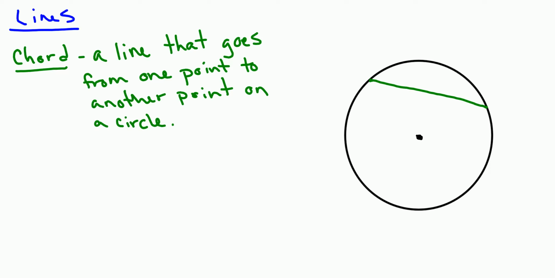If that chord goes through the center, so from one point, oops, let me use a different color. From one point through the center to another point, that, like we discussed earlier, would be the diameter.